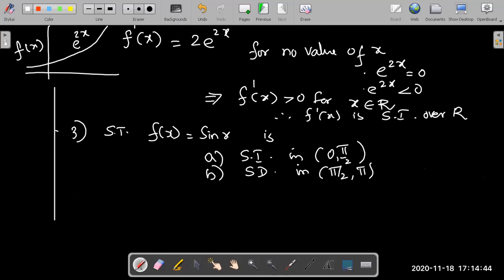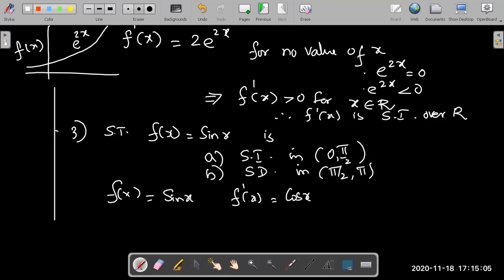As usual, we have to differentiate f of x equal to sin x. So f dash x equals cos x.